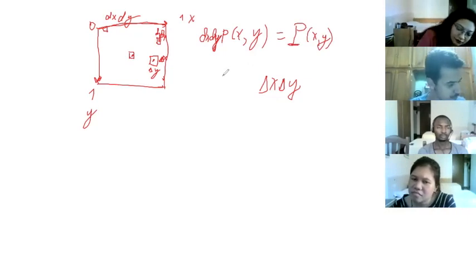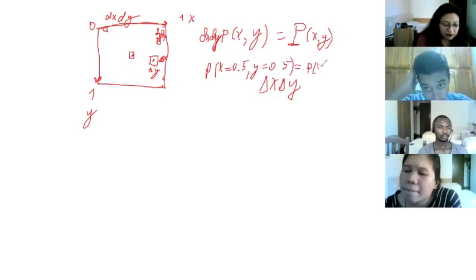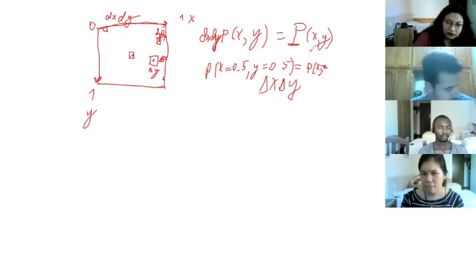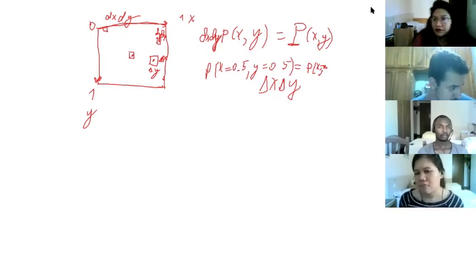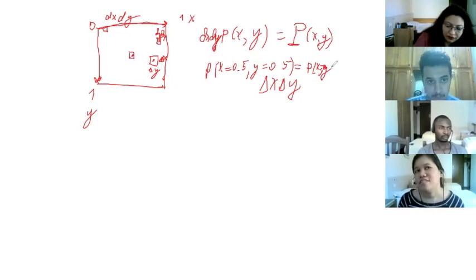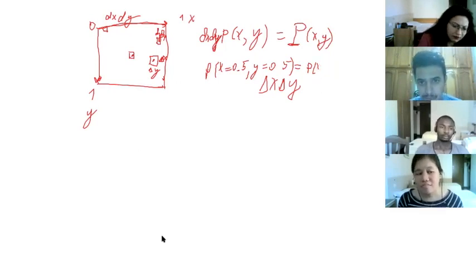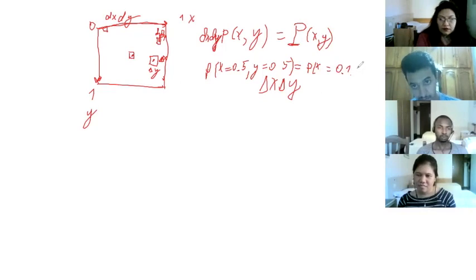Now, I say that the particle can be anywhere, which means that, just like before, any configuration was possible. The probability density at x equals 0.5 and y equals 0.5 should be equal to that at any other point, for instance x equals 0.1 and y equals 0.33.